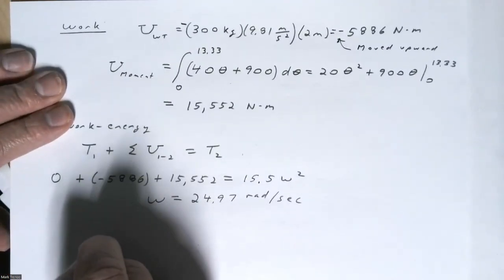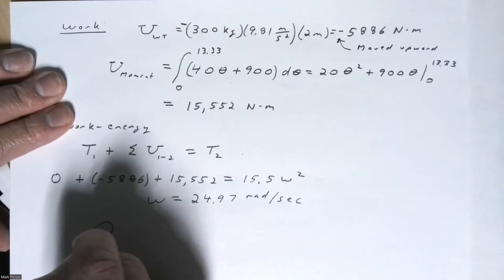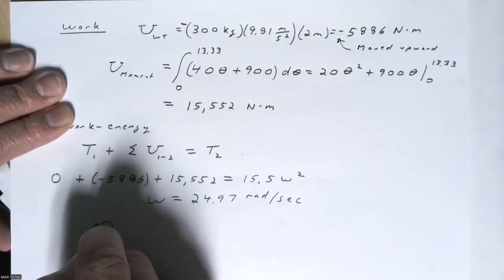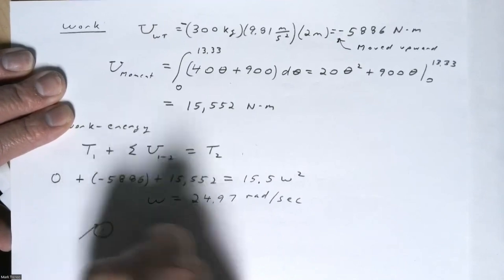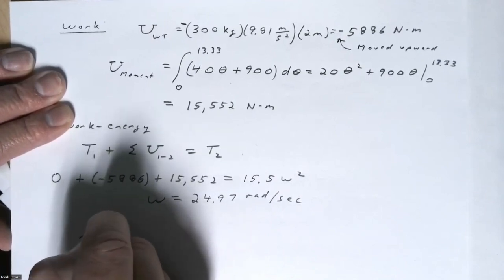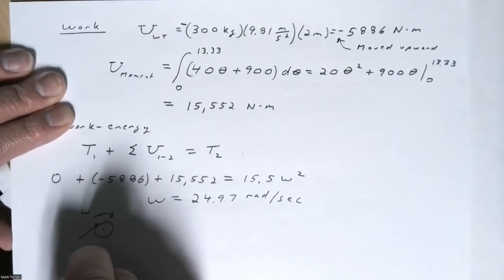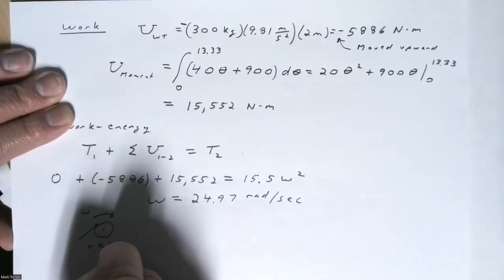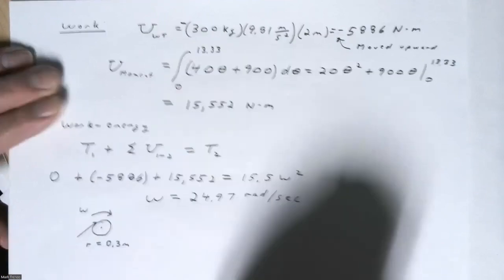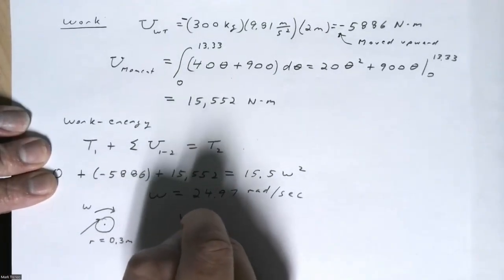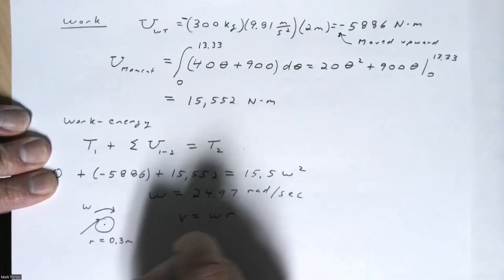So again, remember, the car is being pulled by that wheel. And so if the wheel has this angular velocity, and we said the radius was, I believe, 0.3 meters, then of course, remember, the velocity of the outer perimeter here is always going to be omega r.